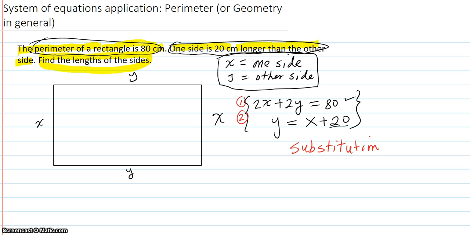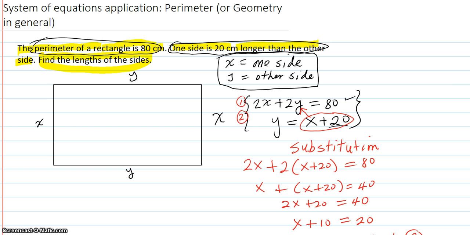So it looks like substitution is the way to go because y is already solved for here, and it's x plus 20. So we take that x plus 20 and sub it in for the y in number 1 equation. We should be in good shape. So we're going to do that.